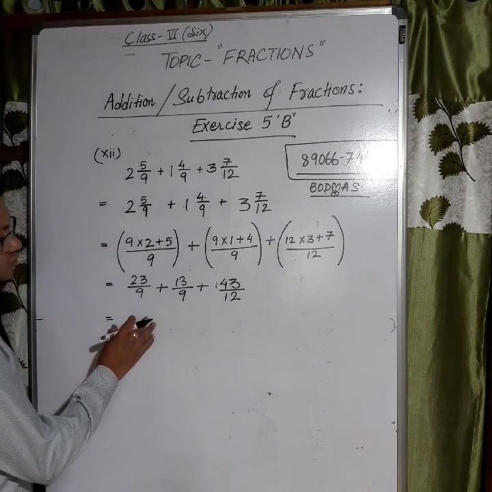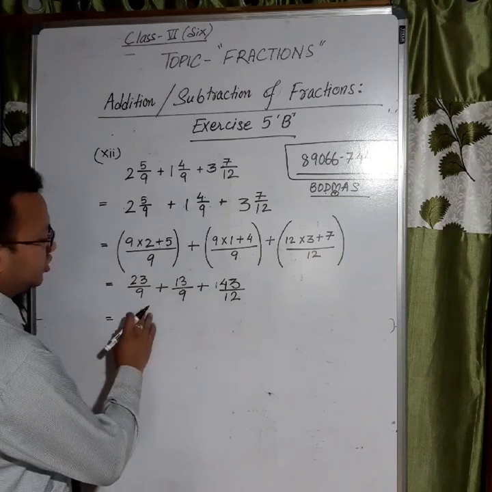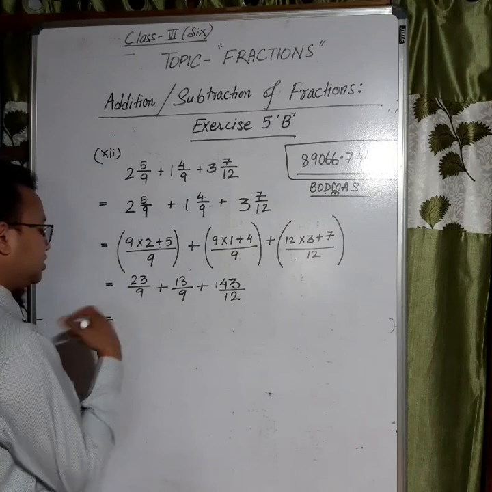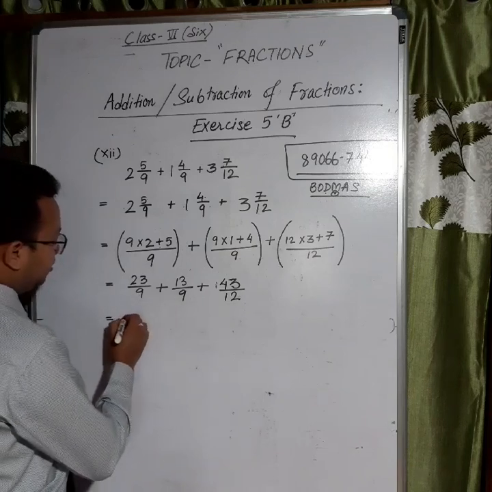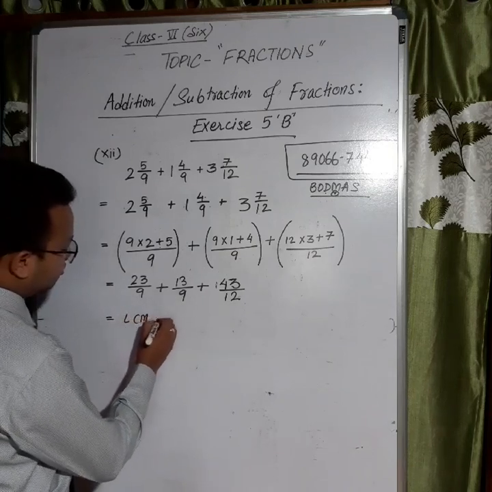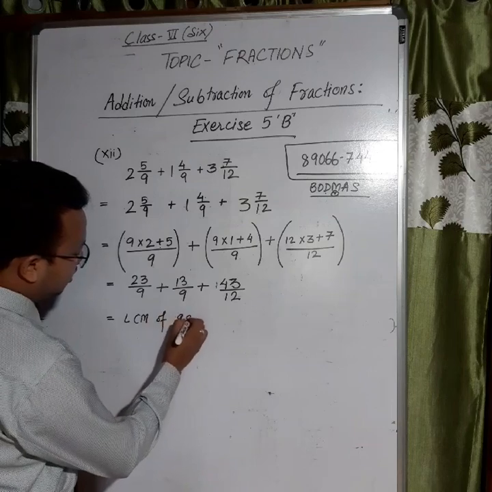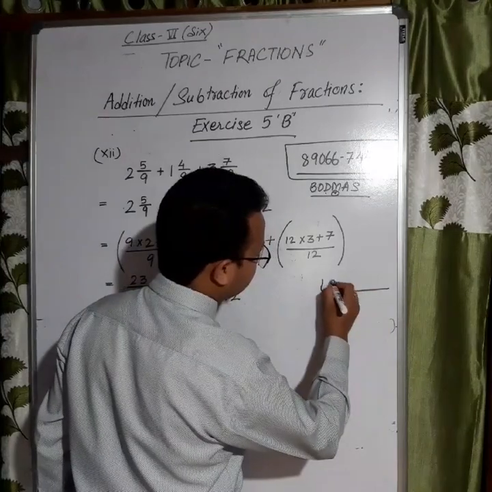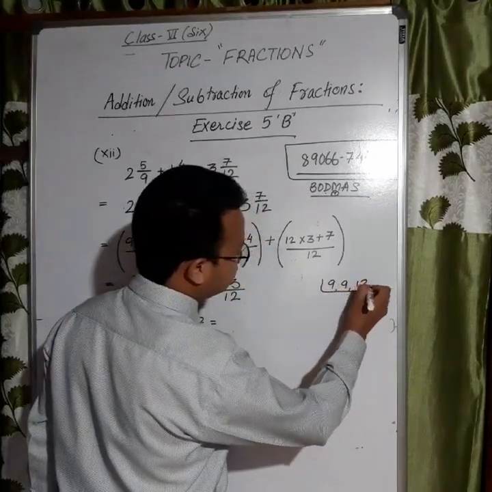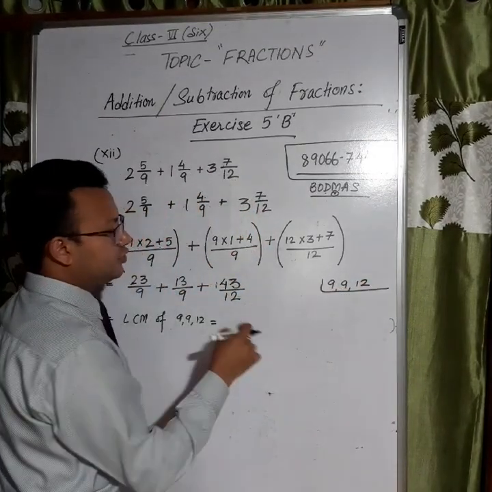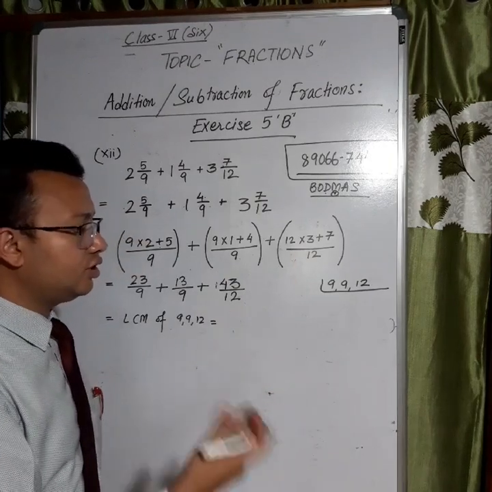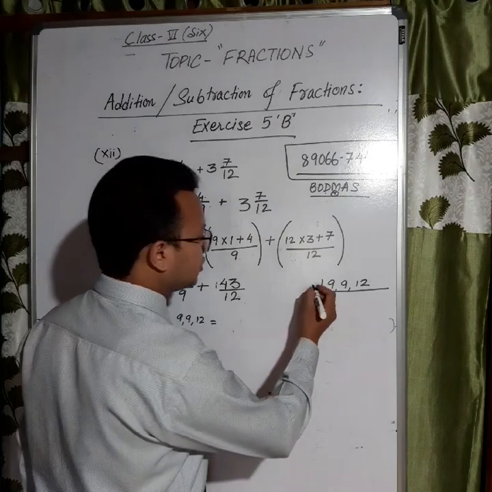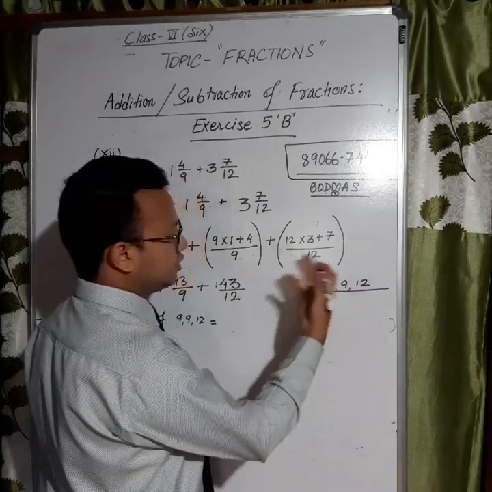So now let's see the denominators. Here they are 9, 9 and 12. So the same process starts again. You need to find the LCM of 9, 9 and 12. So let's find the LCM. The first prime number could be 2 or 3, so you can check with 2 or else with 3.